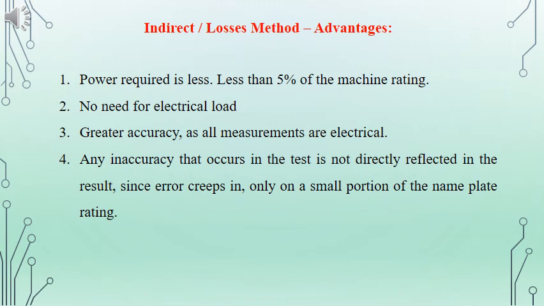And even if there is any inaccuracy that can happen, it will be very small because we have considered the losses separately, and the portion of the inaccuracy that can creep in will be very small.